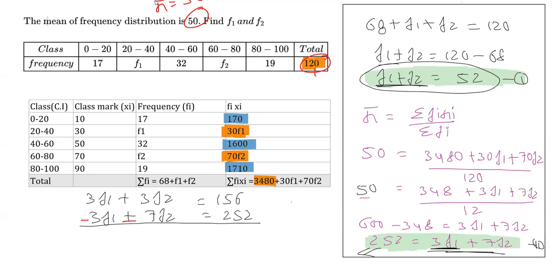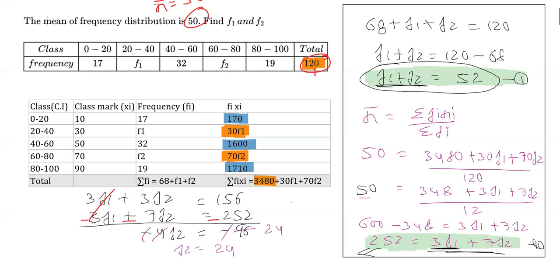The 3F1 terms cancel. 3 minus 7 is minus 4 F2, and subtracting 156 from 252 gives minus 96. Now we can reduce it further. The minus signs cancel, and dividing 96 by 4 gives 24. So clearly we got F2 as 24.